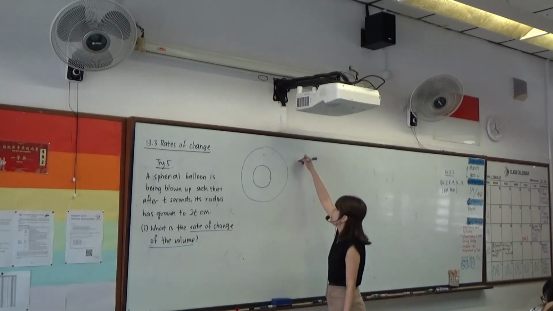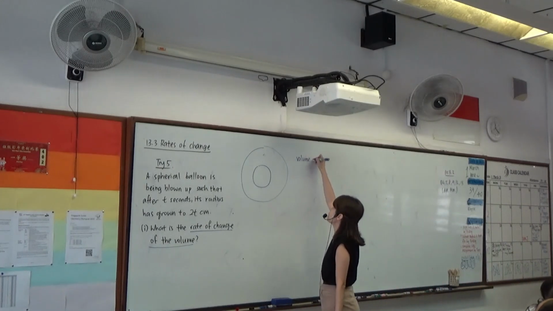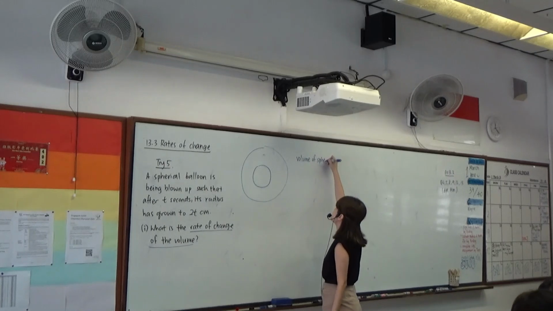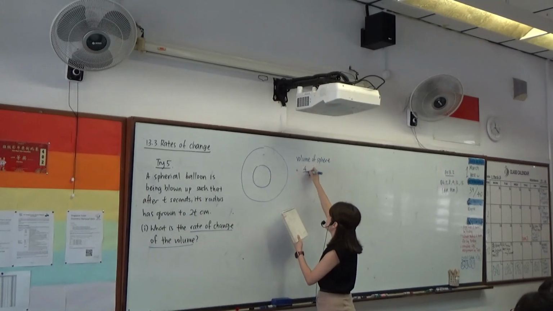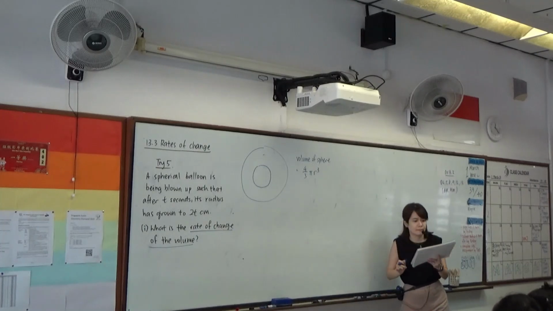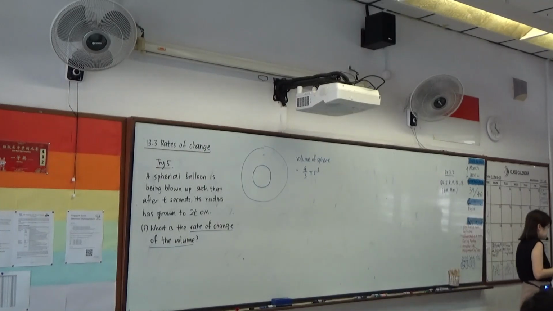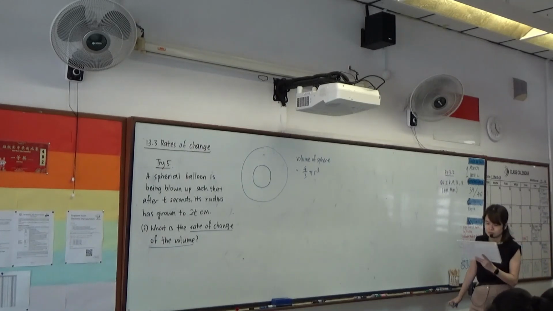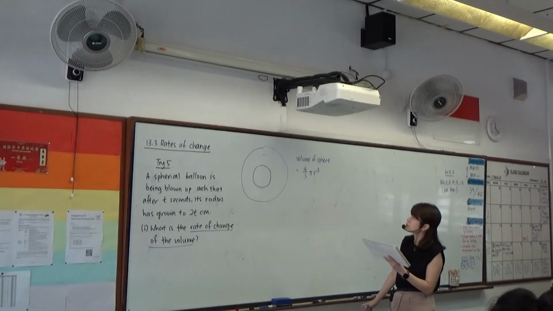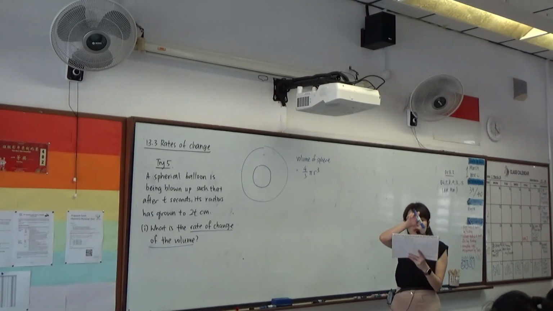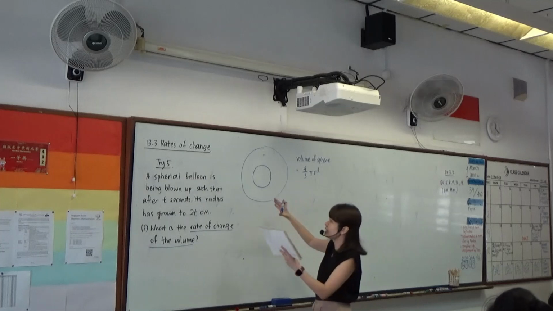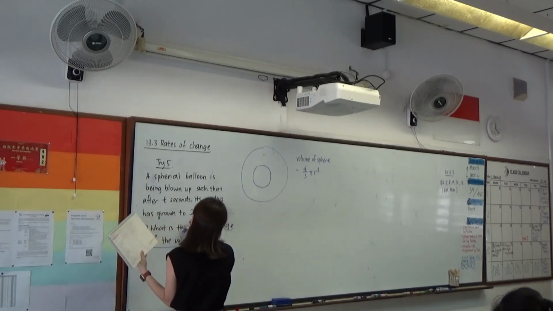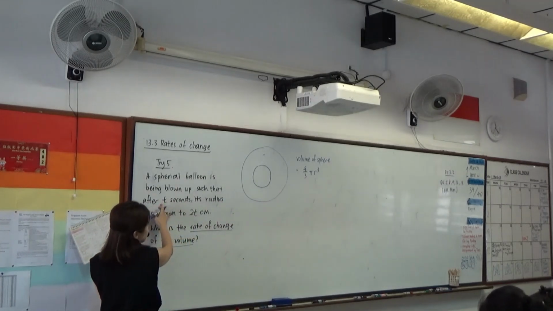The first thing we have to recall is the formula for volume of sphere, and that will be 4/3 pi r cubed. The question said that the radius grew to 2t cm after t seconds.